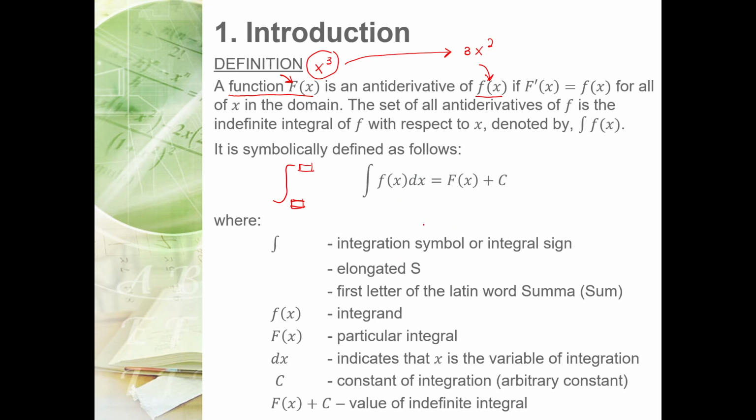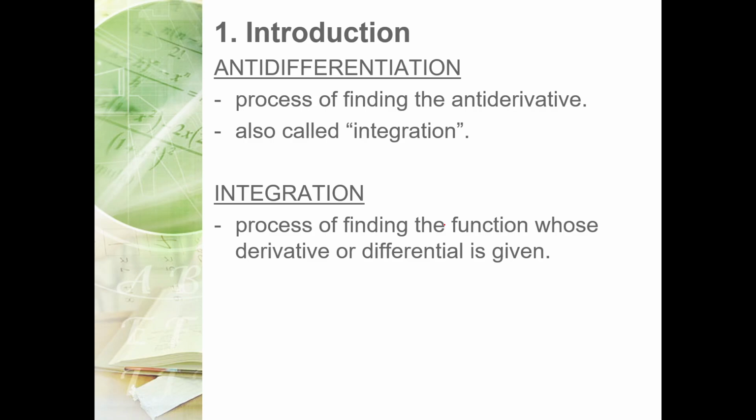So far so good. Okay, so let's proceed. Antidifferentiation is the process of finding the antiderivative, and it's also called integration. If you look at the slide, antidifferentiation is the same as integration.